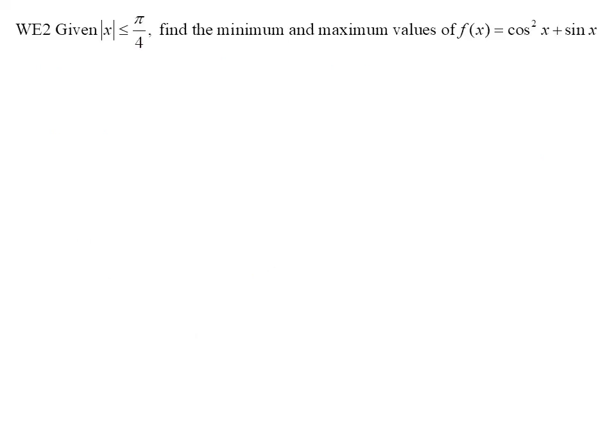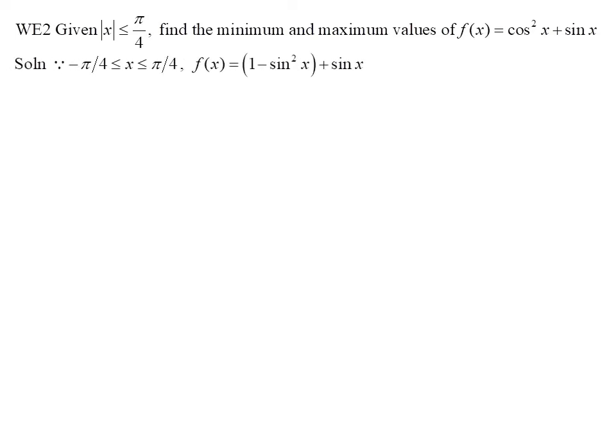Example 2 is to find the minimum and the maximum values of the function f(x) equals cosine squared x plus sine x, where the modulus of x is less than or equal to pi over 4.